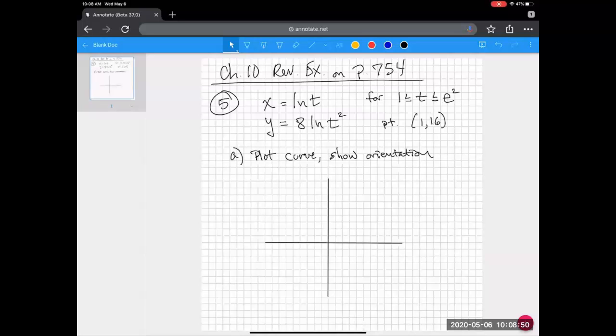Now it does ask us in part B to eliminate the parameter to obtain an equation in x and y, which might be one of the ways I would just make the graph. But let's work it a little bit more simply because that is a separate part. So in part A, we're just going to imagine doing this with points and plotting and connecting the dots to remind ourselves how these things work. So to do that, I would sort of make a grid for x and y.